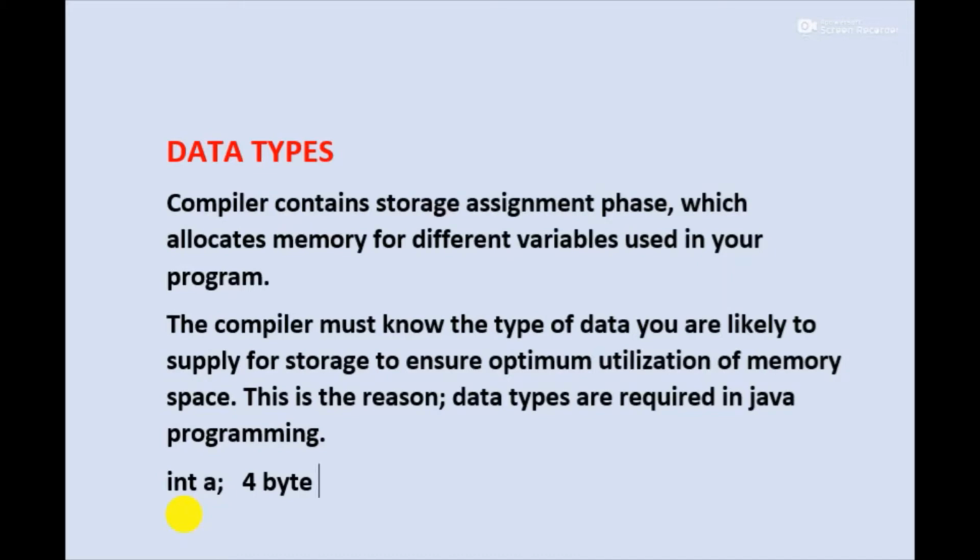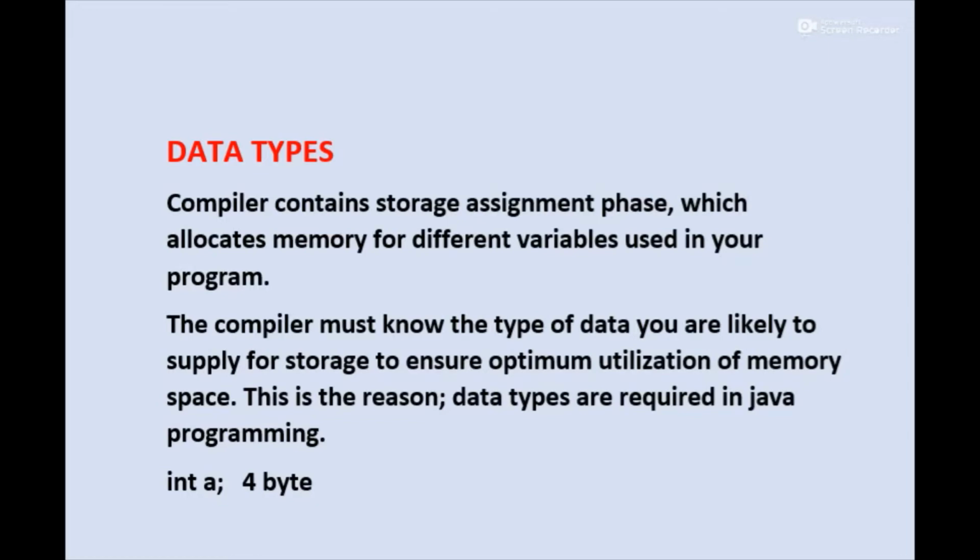Because of the int data type. The compiler knows the size of int data type is 4 bytes and the variable a is of type int. So that's why the compiler will occupy a memory block of 4 bytes for the variable a.